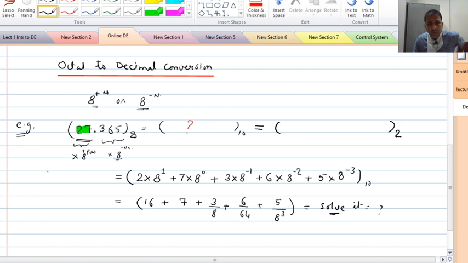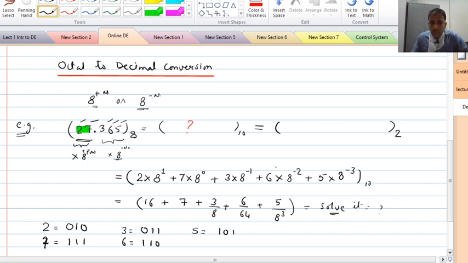Just we have to write these digits 2, 7, 3, 6, 5 in 3-bit binary representation like this, as 2 is equal to 0 1 0, 7 is equal to 1 1 1, 3 is equal to 0 1 1, 6 is equal to 1 1 0, 5 is equal to 1 0 1.